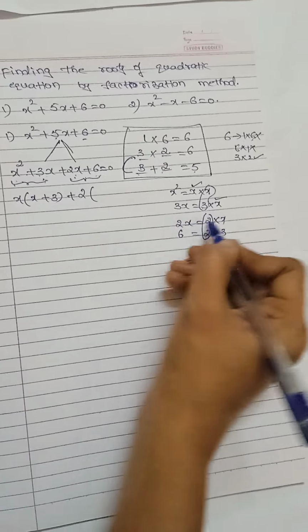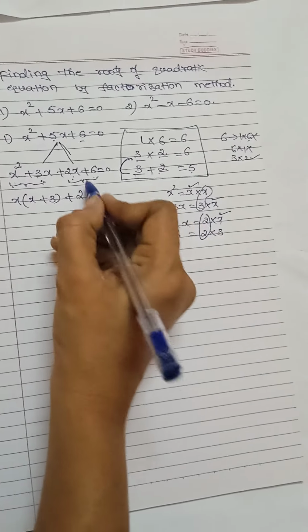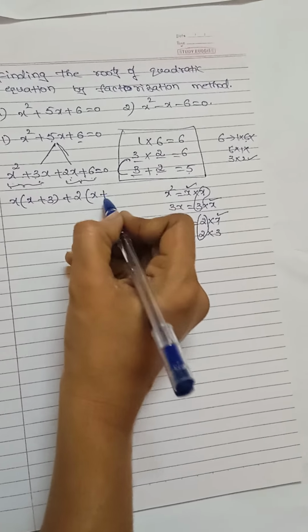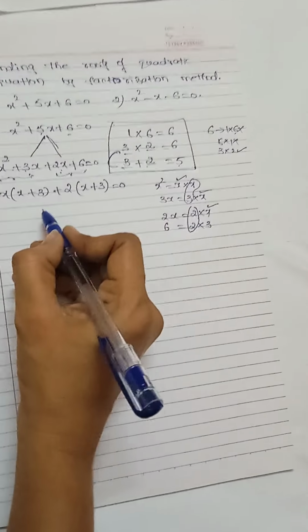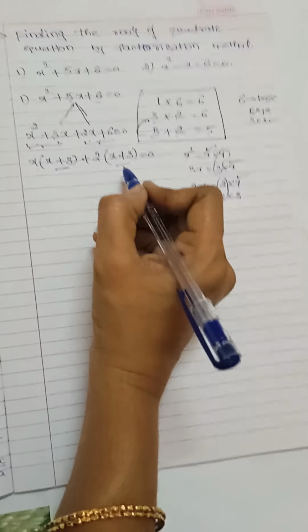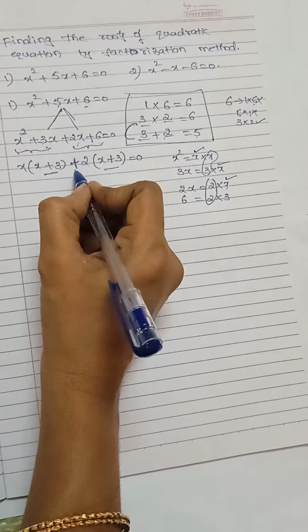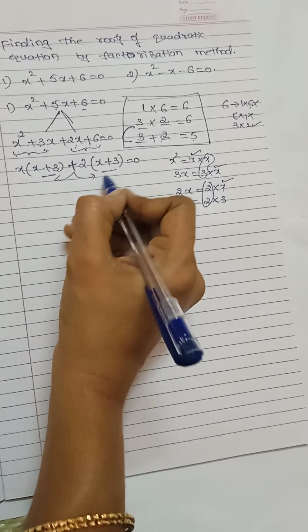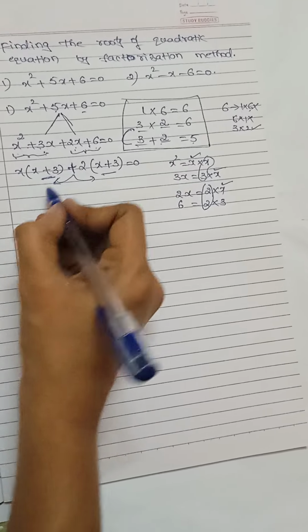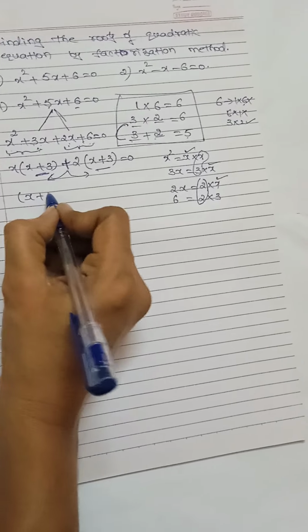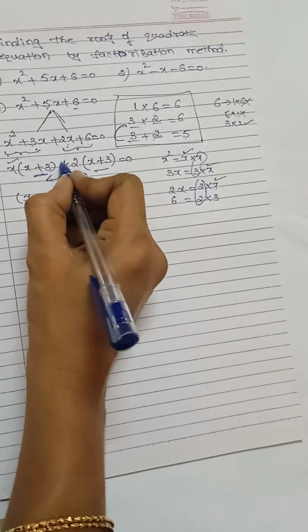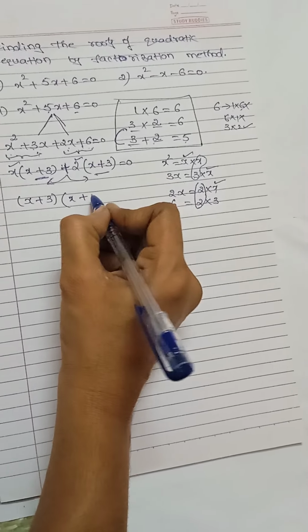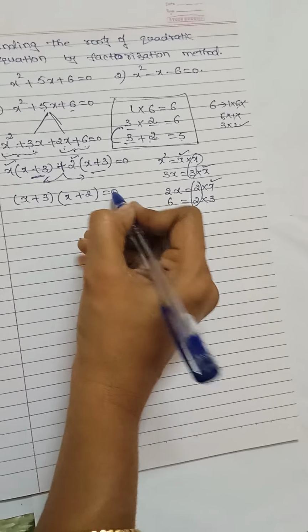If you take 2 common, what is left over here? x plus 3, equal to 0. If you observe, x plus 3 is again common in these two terms. If you take x plus 3 common, what is left over here? x plus 2, equal to 0.